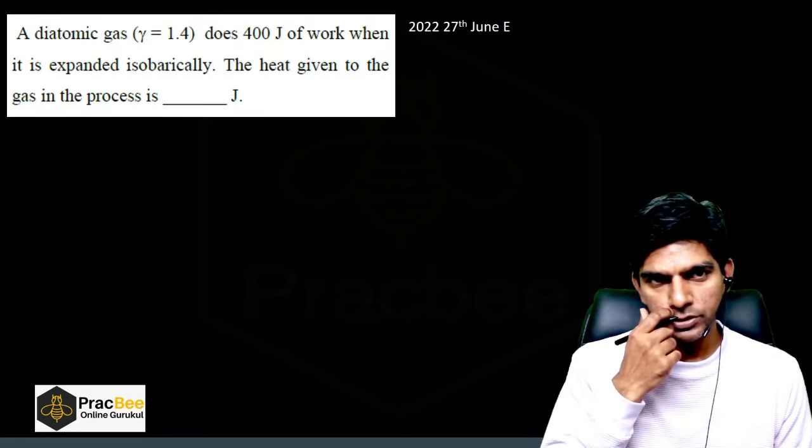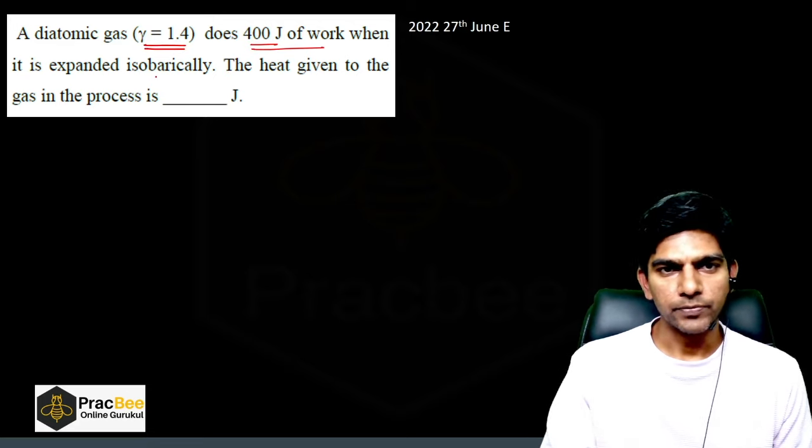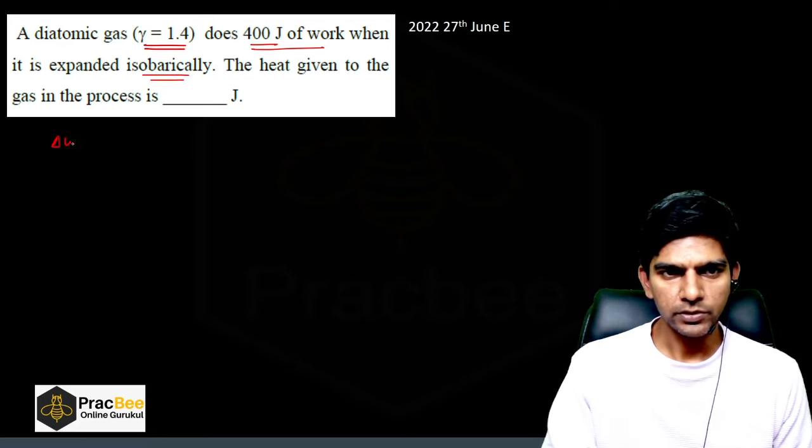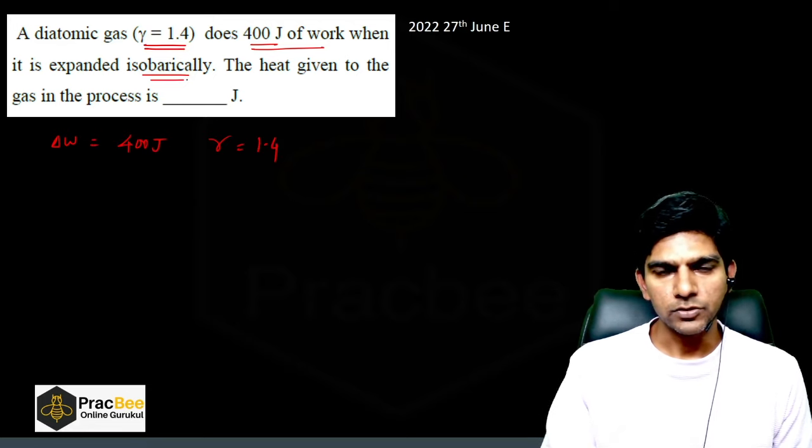Now let us see one more illustration. A diatomic gas where the gamma value is given as 1.4 does 400 joules of work when it is expanded isobarically. So delta W is 400 joules, gamma is 1.4, and we need the heat given to the gas in the process.